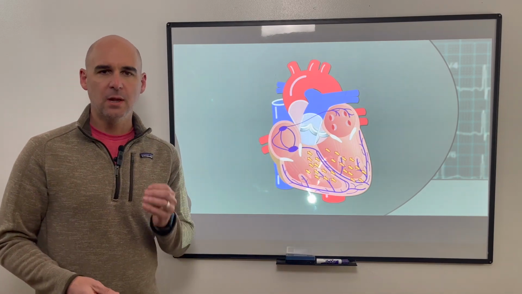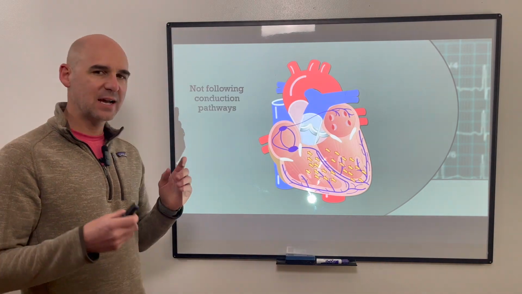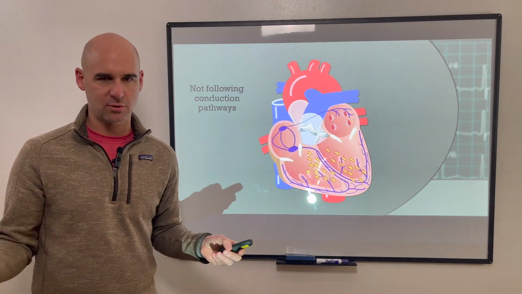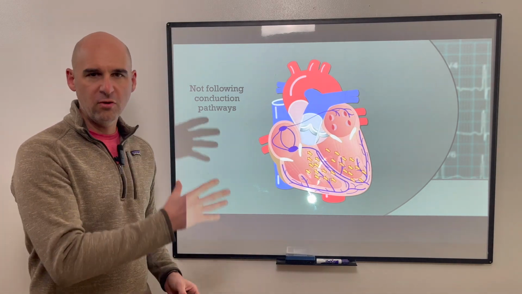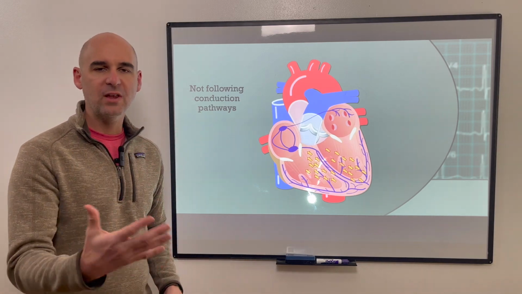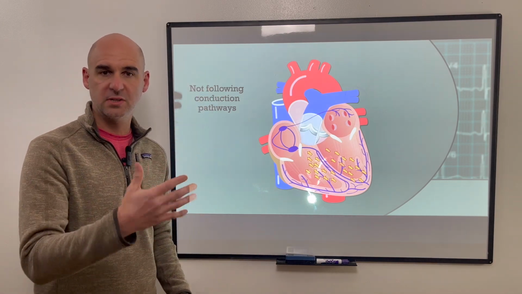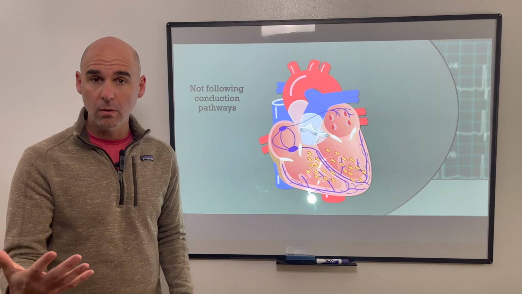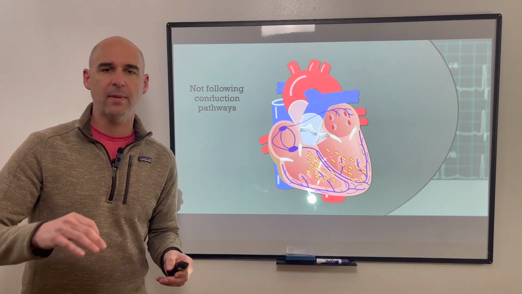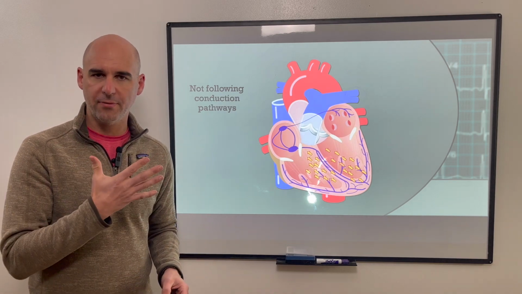And when that happens, the thing we have to take into account is that it doesn't follow conduction pathways when it does that. So conduction pathways are one-way streets, okay? So they move in that direction from the atrium down into the ventricles. If that signal fires off in the ventricles, it doesn't have the ability to move backwards on those conduction pathways. And so, whenever we're not using conduction pathways, we have to think about that it's going to take longer for that depolarization wave to move throughout the heart, okay?